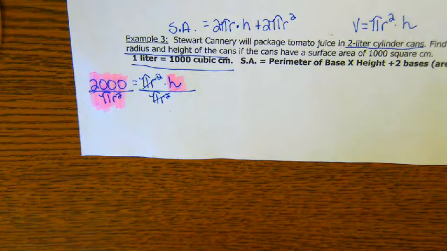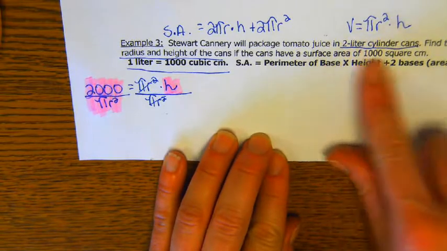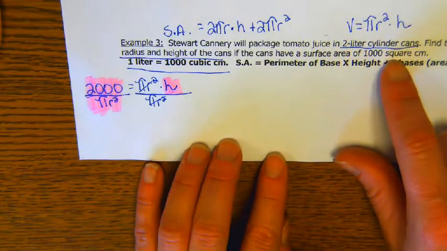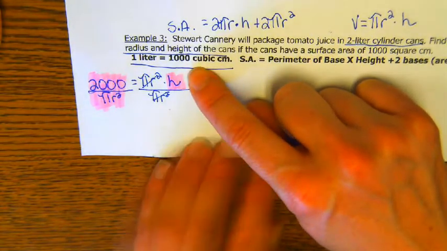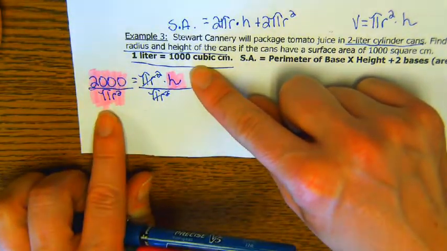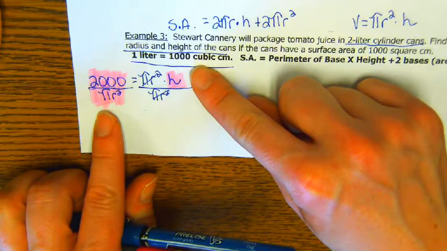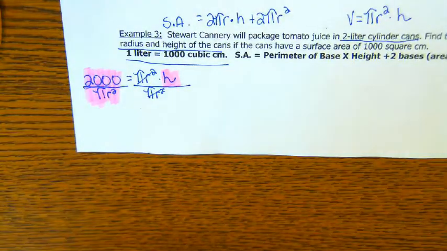So now when I do my surface area equation, which is the one I really want to find, I want to find when the surface area is 1,000. Now I'm going to be able to swap out that h and replace it with this. And so then I won't have 2 variables anymore. Okay? So let's first rewrite the surface area equation.